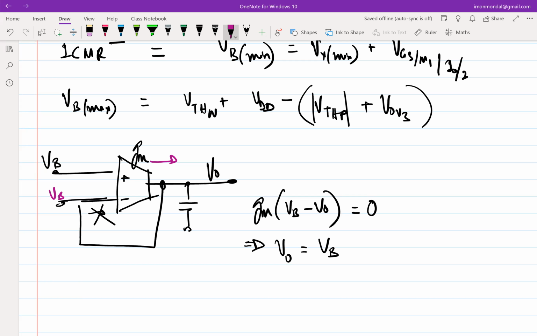So what will be the current? GM times V test, negative of that. What is the impedance it is going into at DC? Infinite, right?